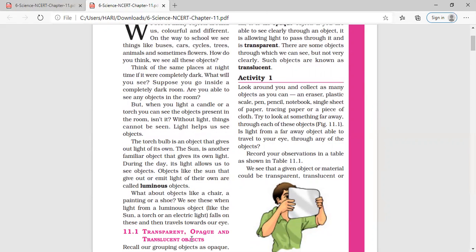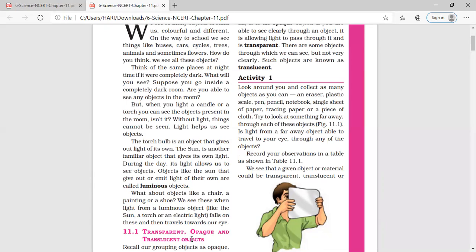Now, what are called sources of light? An object that can produce light is called a luminous object, or it is also called a source of light. Any object that can emit light, emit means produce, that can give out light, is called a luminous object, or a source of light.